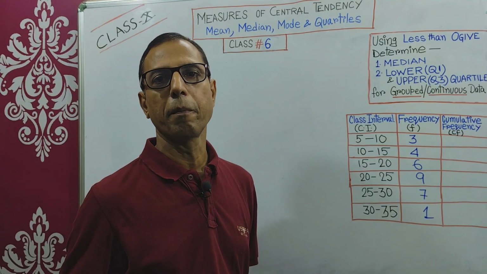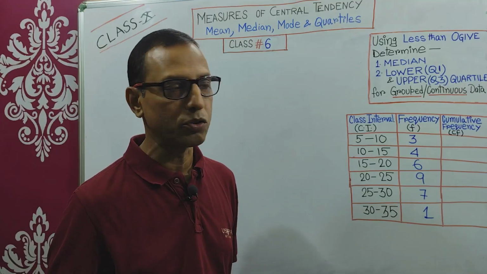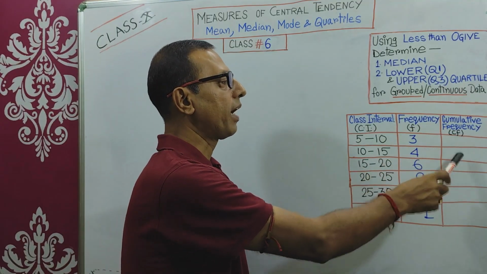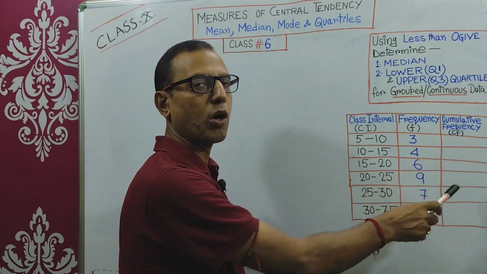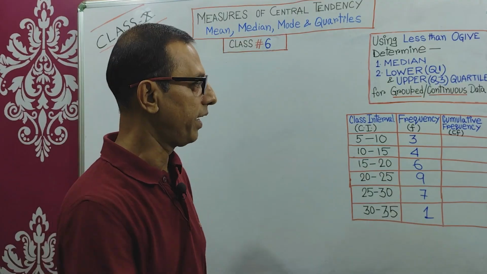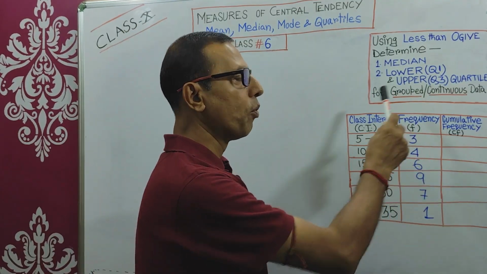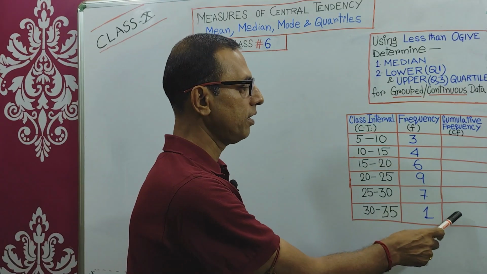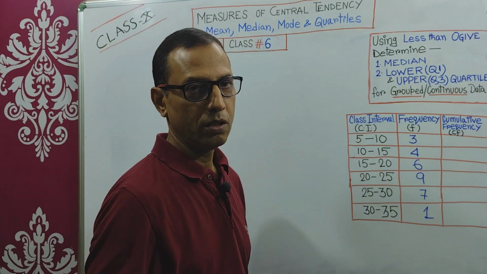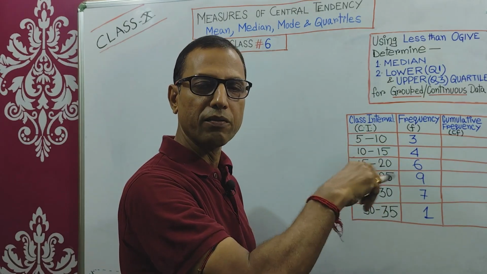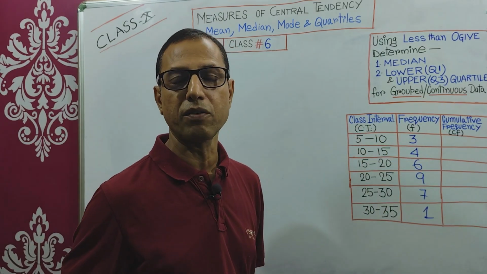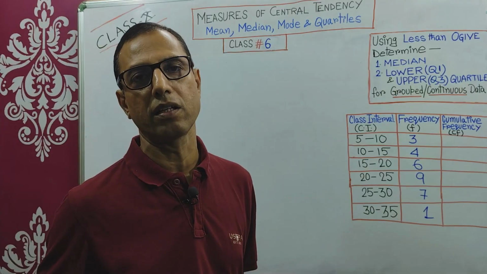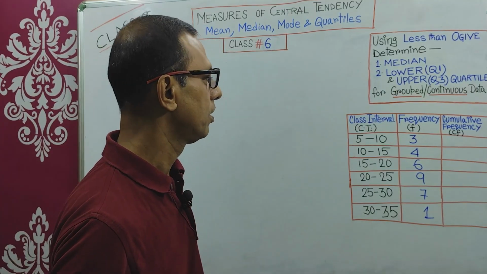When you utilize less than ogive, you need to utilize the cumulative frequency starting from top, the way you do it normally. And for more than ogive, you need to calculate the cumulative frequency from bottom.